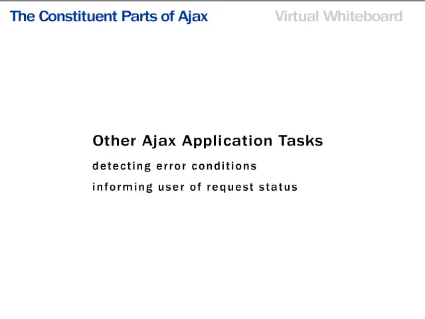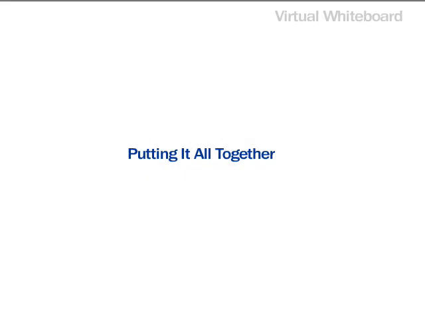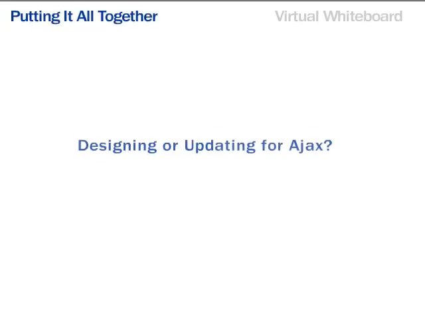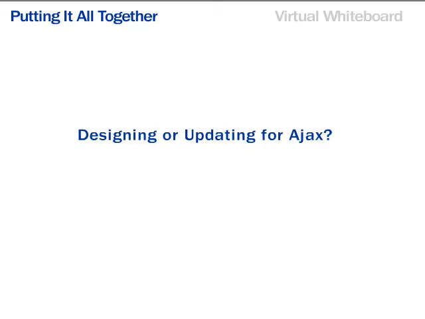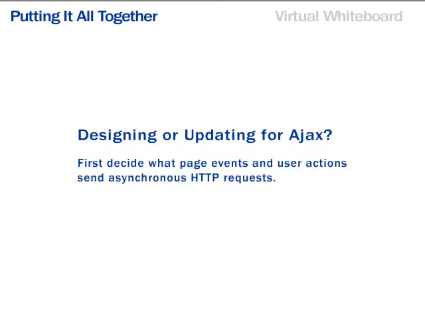Some examples include detecting error conditions and handling them appropriately, and keeping the user informed about the status of submitted Ajax requests. What if you want to design a new Ajax application or update a legacy web application to include Ajax techniques? Well, first you will need to decide what page events and user actions will be responsible for causing the sending of an asynchronous HTTP request.